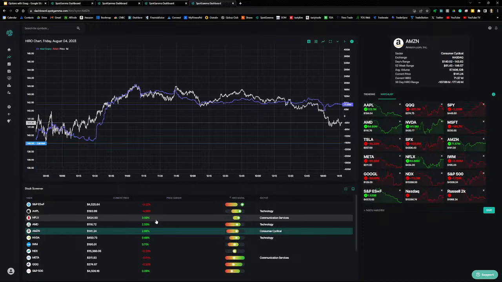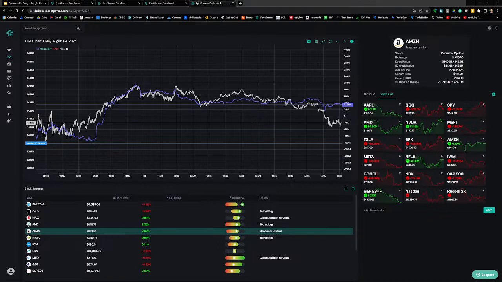All right, that was the two earnings stocks. So the next thing I want to do: I have ranked my watch list here in Hero, as I've been doing the last couple days, by the Hero signal. And what this chart is showing is the strength of the Hero signal. I ranked this earlier in the day, so it's probably changed, but this shows the strength of the Hero signal for the last 30 days.